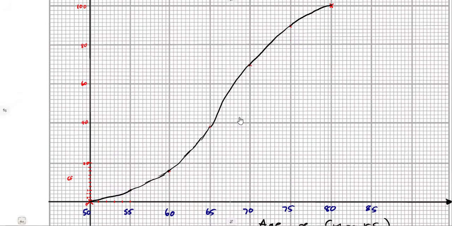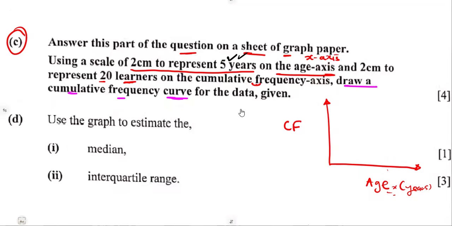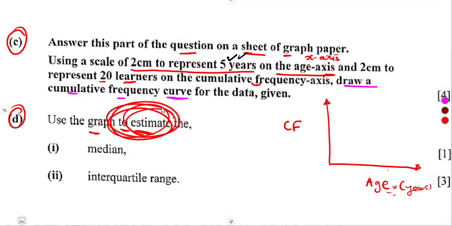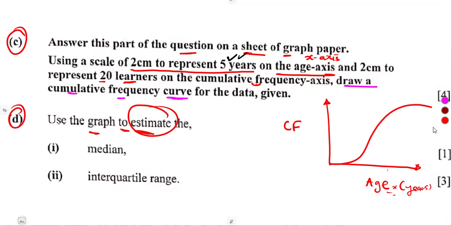So according to the information that we had, later on the question was D, use the graph to estimate. They are not going to give us an exact value there. It's an estimation that you must do, because remember, we had our own curve. The smoothness of that graph, sometimes you are affected, the freehand part, you see.